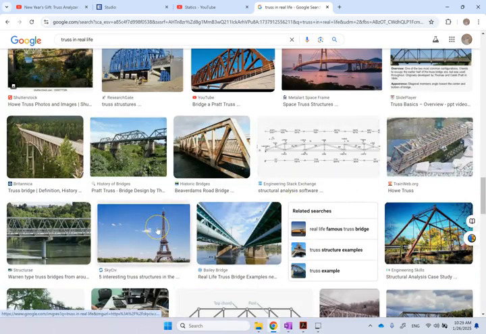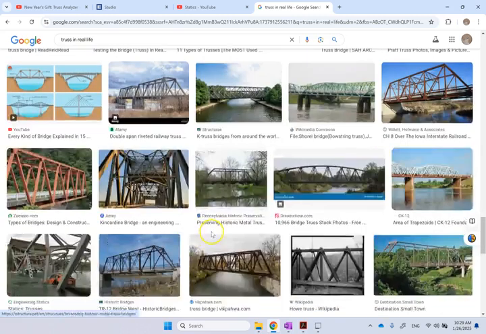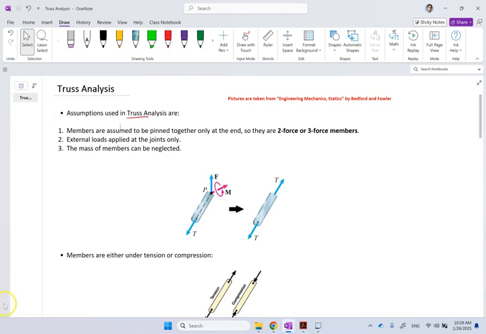You can even see something like the Eiffel Tower, and so many other things, that can be classified as a truss. So the goal of it is to carry load.